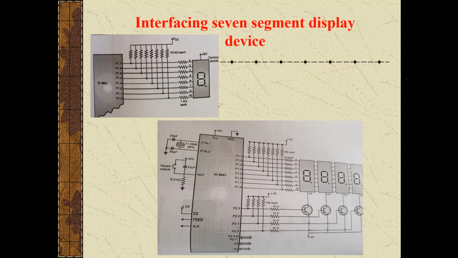This is the symbol of the LED. This part is called anode and this one is cathode. How the arrangement is provided here.